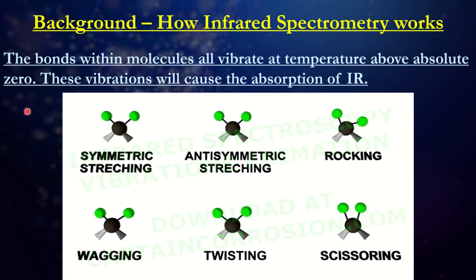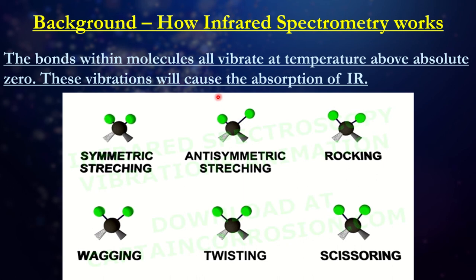If you recall, absolute zero is a theoretical temperature where we assume there's no vibration of compounds or bonds. So anything above absolute zero, we will see some type of vibration.